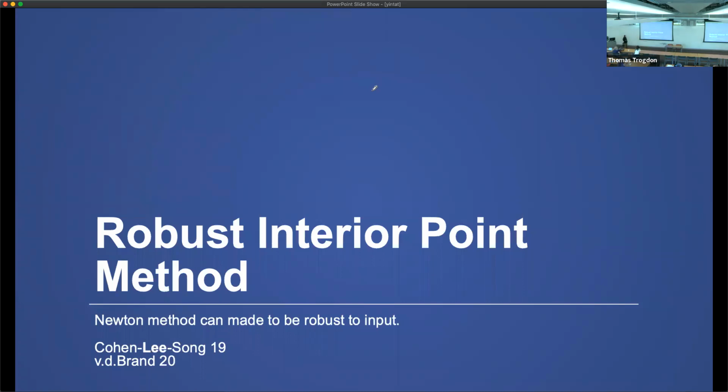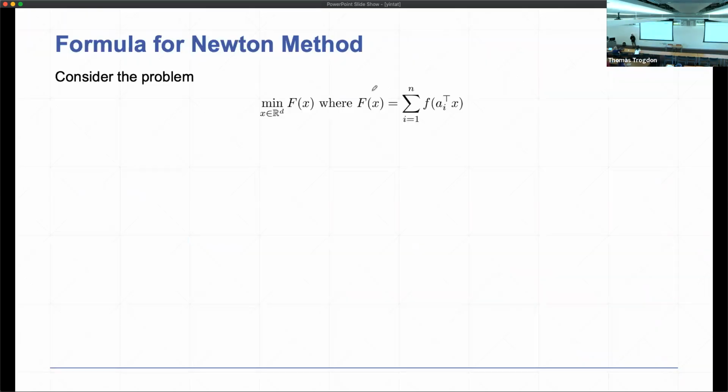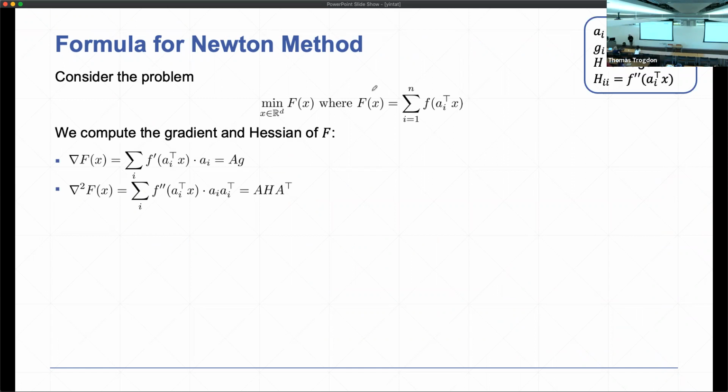Anyway, now I will explain a little bit more about the robust IPM. Again, the setting is a generalized linear model. N is the number of terms, and D is the number of variables. We all know how to compute the gradient and Hessian. I think we've seen something related in some of the talks.